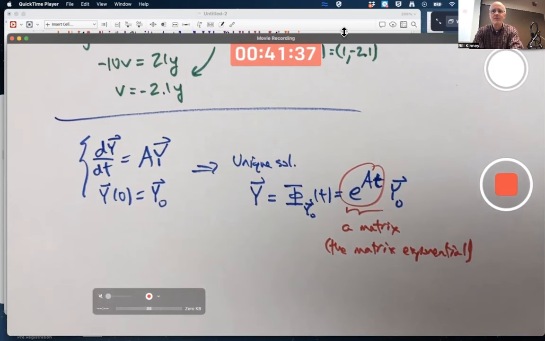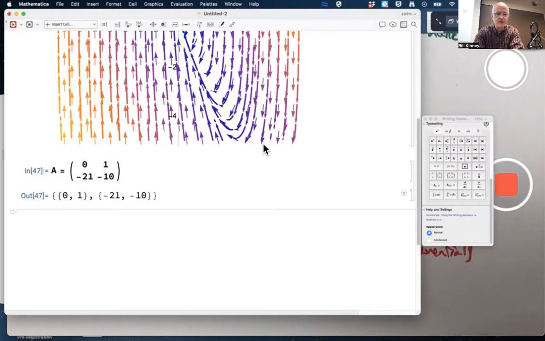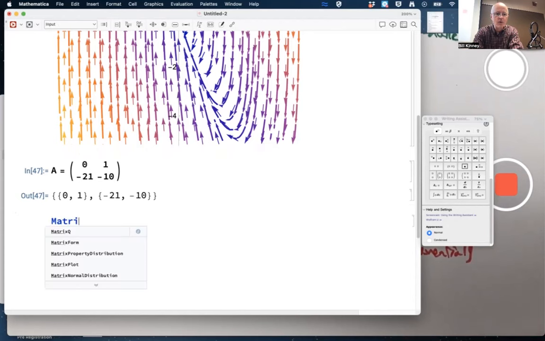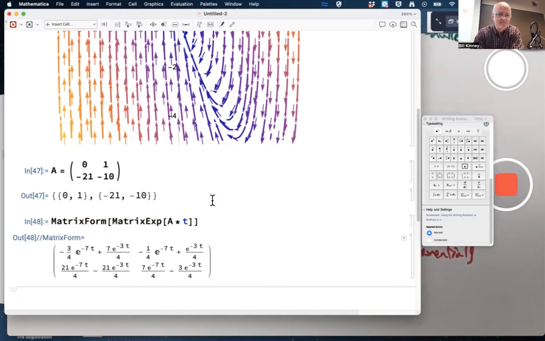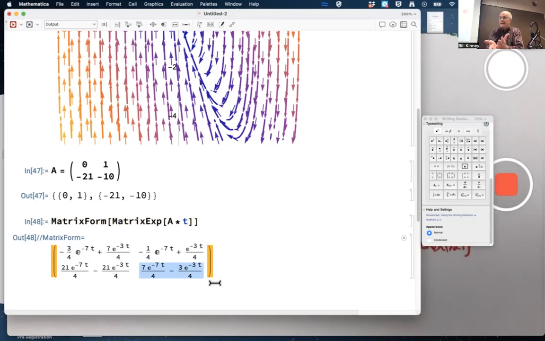For the moment, we can just have Mathematica compute the matrix exponential. In matrix form, what is the matrix exponential of A times t? It's that. That's a matrix. It's a 2 by 2 matrix. Upper left entry this, upper right entry this, lower left entry this, lower right entry this. It's a function of t. It's a matrix valued function.